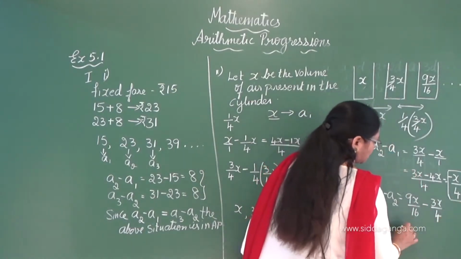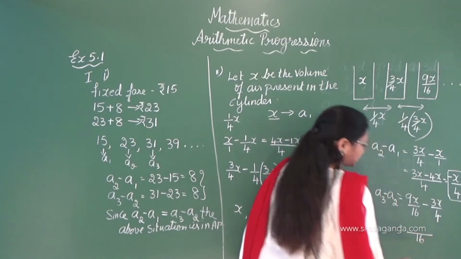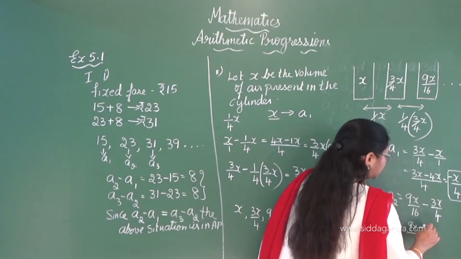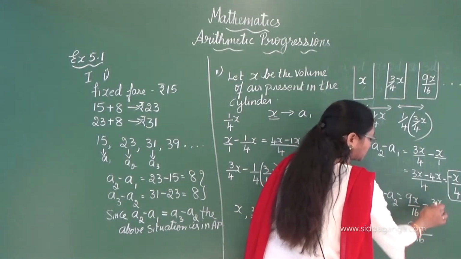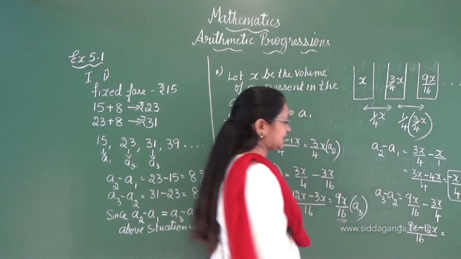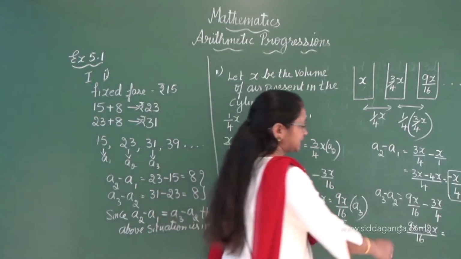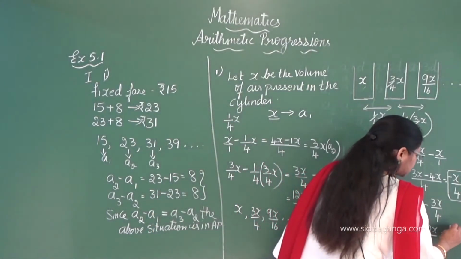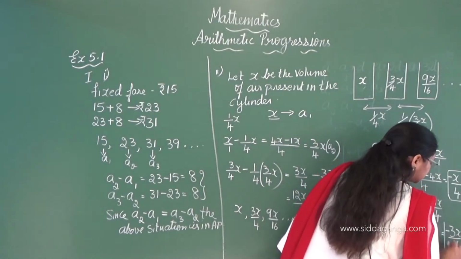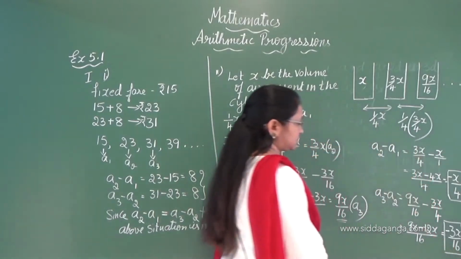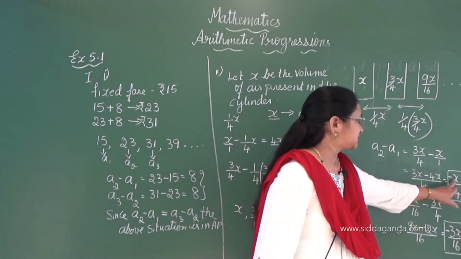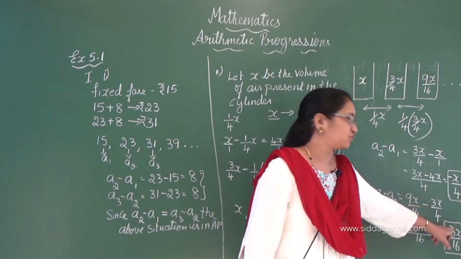Now what is the LCM? 16 is the LCM. So 9x minus 4 4s are 16, 4 3s are 12x. So here 9x minus 12x is nothing but minus 3x divided by 16. So here the difference is minus 3x by 16, but here it is minus x by 4.